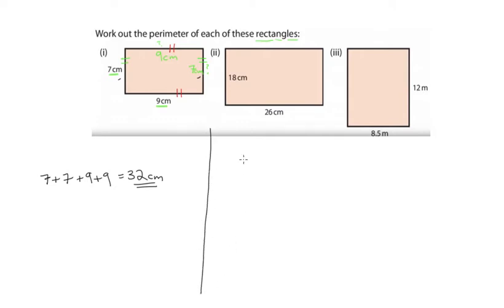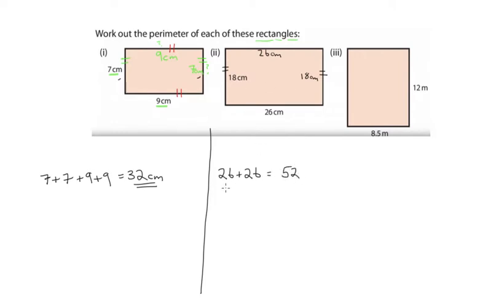All right, let's have a look at this shape here. Now remember, the left-hand side and the right-hand side are equal in length. So this is 18 centimeters, so this must also be 18 centimeters. This is 26 centimeters, and this is also 26 centimeters. So we add all of those together. I'm actually going to split the sum up a little bit. 26 plus 26 is 52.